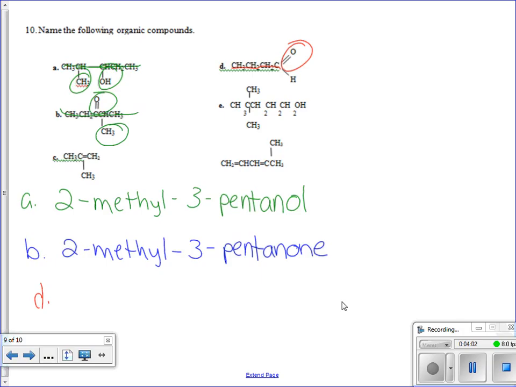So if it's an aldehyde, it's always on the very first carbon. We don't have to put where the aldehyde's located. That's understood. So we have 4 carbon in a row. Prefix for 4 is but. We have all single bonds in between our carbons, so that's AN. And then aldehydes end in AL. So butanal is letter D.